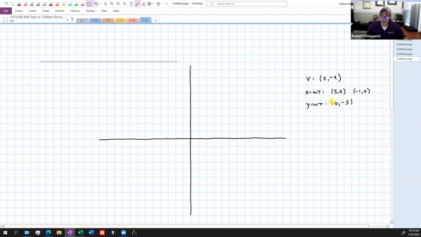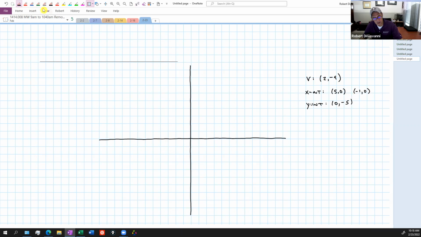The reason I look at it this way is I'm trying to figure out how far left and right my scale needs to go, and how far up and down. Look at the vertex: the lowest point I'm going to go is -9. And if you look at the x values, 2, 5, and -1, I only need to go left and right at least 5 units. That helps you draw your scale.